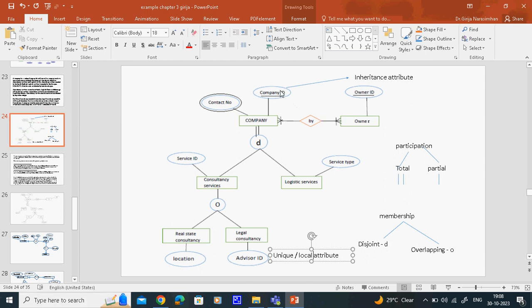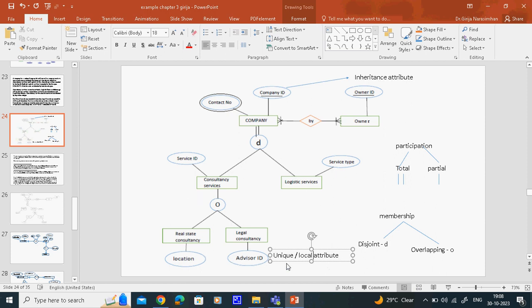So what is supertype? What is subtype? What is a unique attribute, local attribute? What is participation, whether double line or single line? If all records are inherited by any one of the subtypes, this is called total. Partial means some instances are not inherited by any of the subtypes. Membership means D, disjoint: totally these two entities are different.